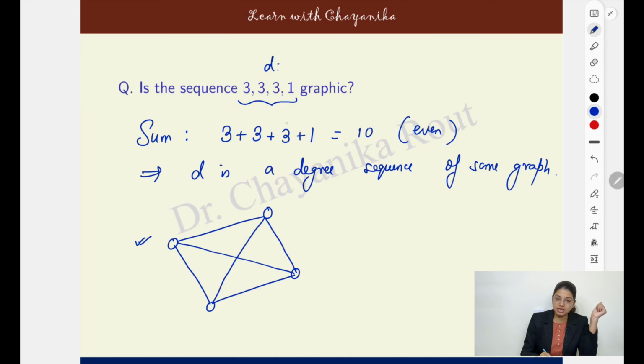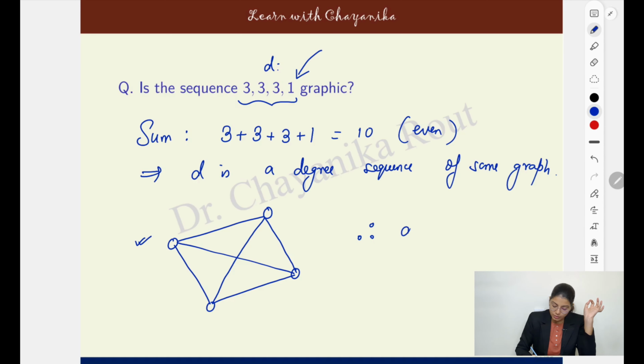Now when there are 4 vertices in the graph, out of which 3 vertices are having degree 3 each, that indicates there is no vertex in the graph with degree 1. The minimum degree in the graph is definitely greater than 1. So it is not possible in a simple graph having 4 vertices in which 3 of them are having degree 3 each, you cannot have a vertex of degree 1. That is not possible.